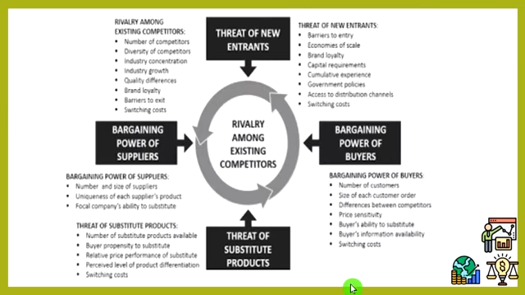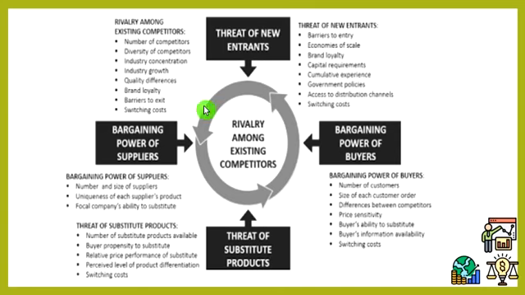So we will have an illustration here so that we can fully understand. These are the 5 forces: rivalry among existing competitors, bargaining power of suppliers, bargaining power of buyers, threat of new entrants, and threat of substitute products.